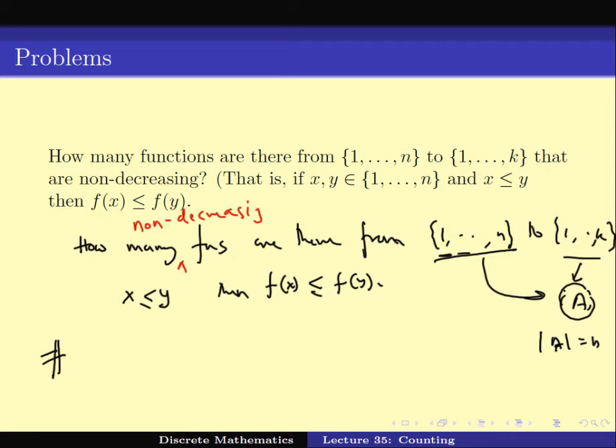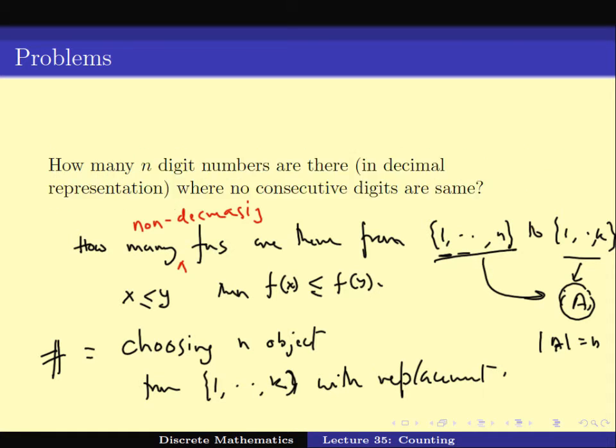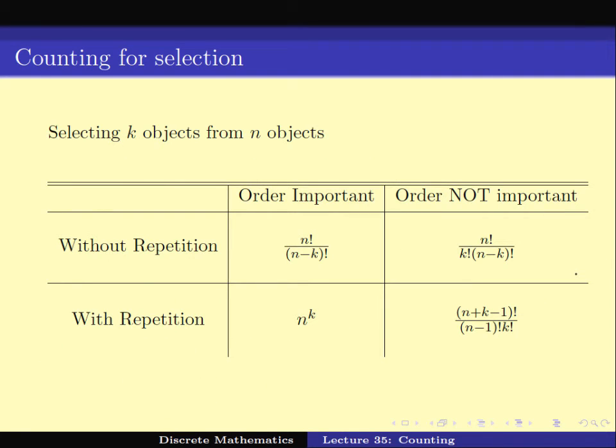And how many ways can I get it? So this is equal to choosing n objects from the set 1 to k with replacement. I can quickly take you back to this old slide, and this number is what we are asking for.